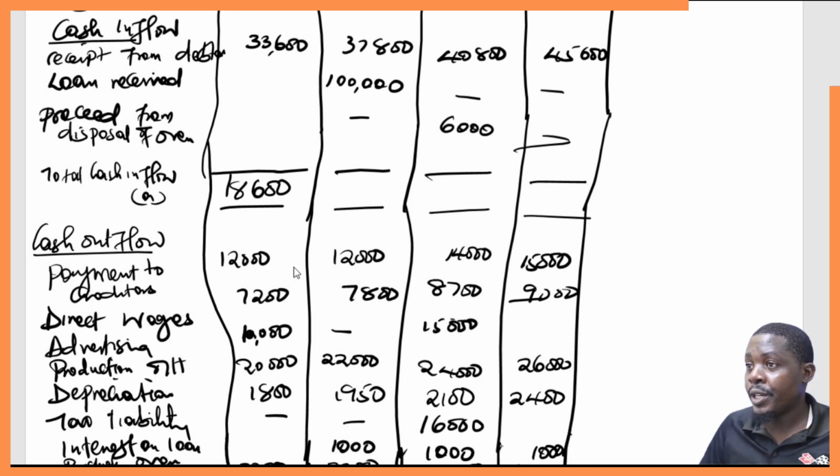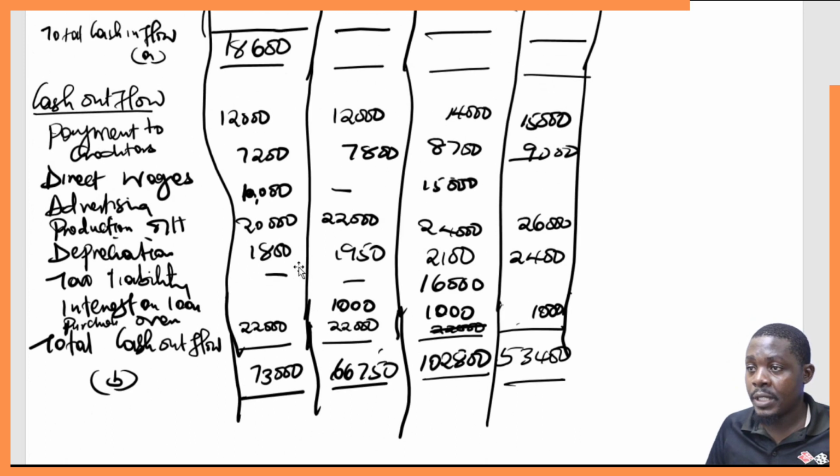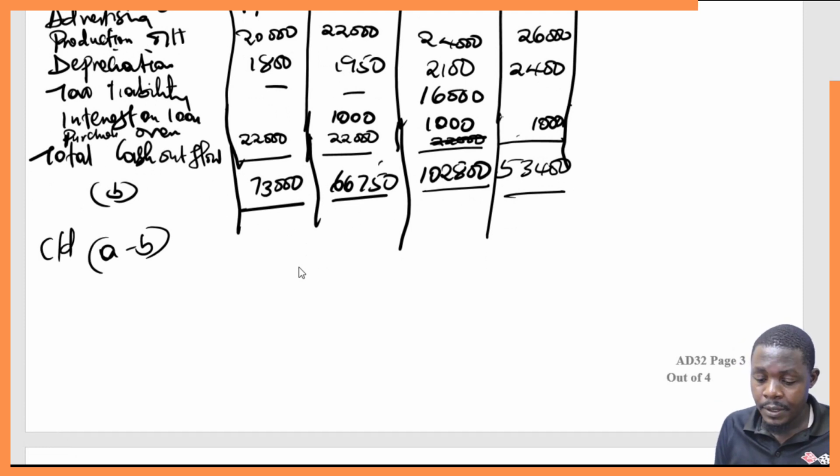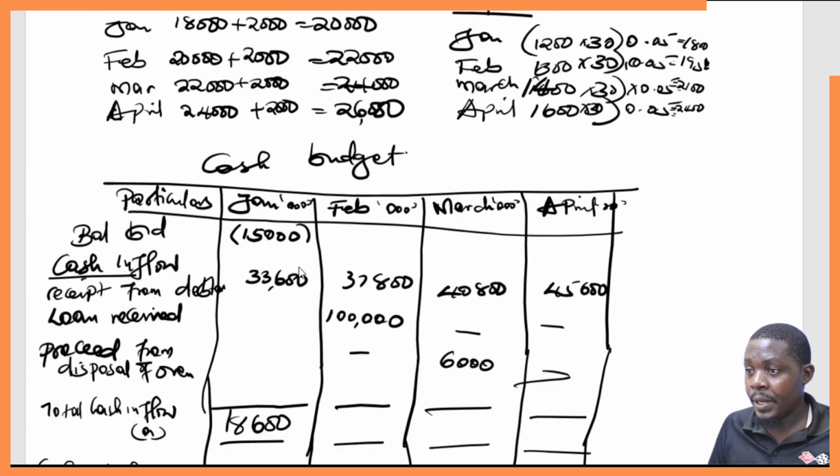Now for us to get a closing inventory balance carried down, we take A minus B, which is 18,600 minus 73,000. You get negative 54,400. As negative is what is going to be our opening inventory here, 54,400.